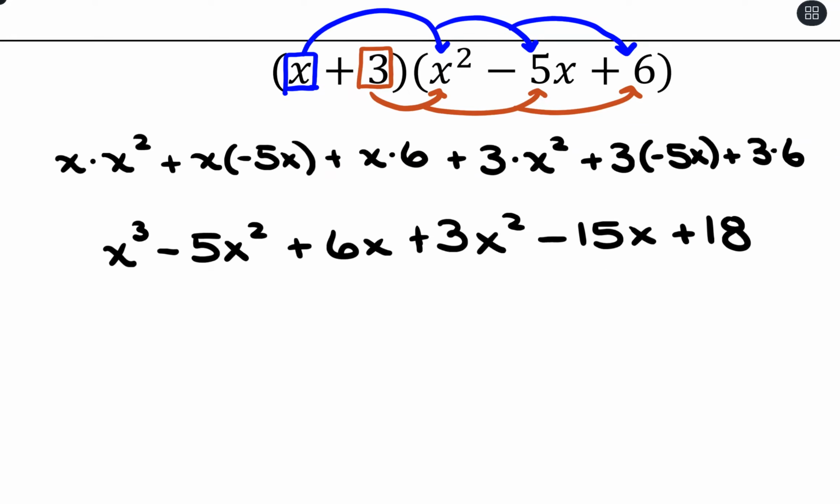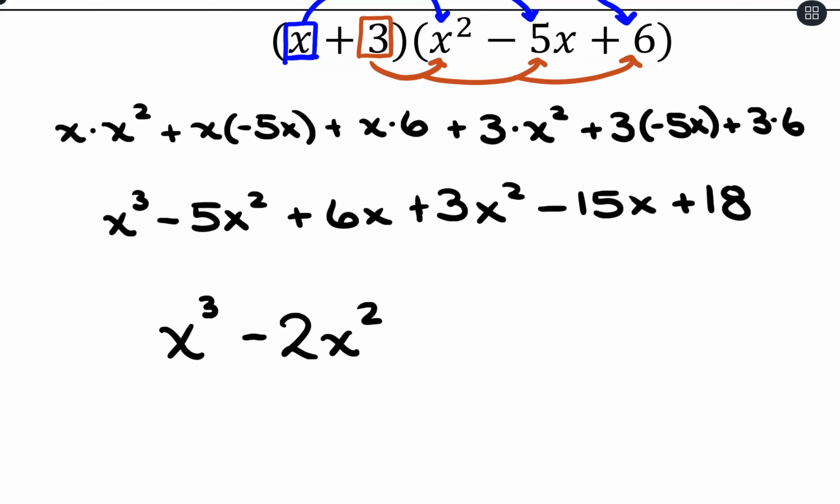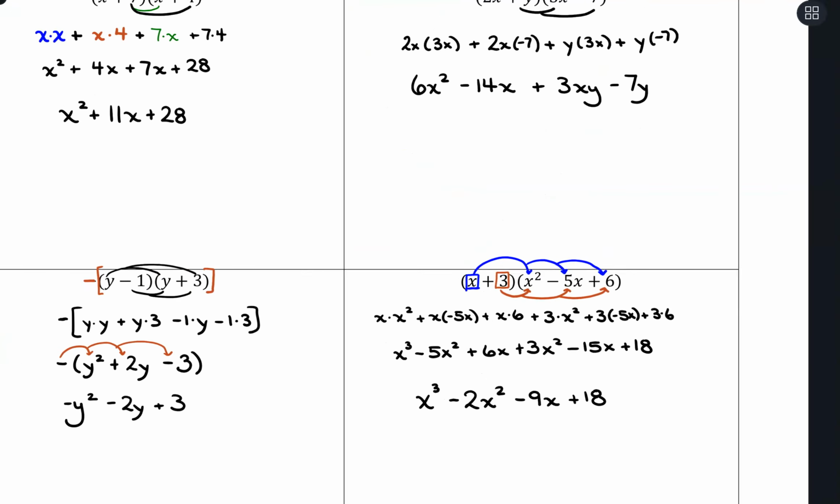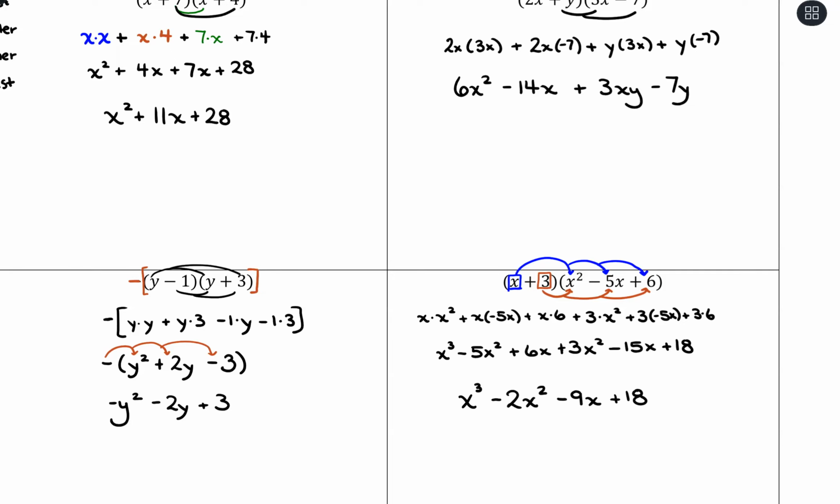Go looking for like terms. So x cubed is going to stay put. Negative 5 plus 3, so we'll have a negative 2x squared. Positive 6 minus 15, a negative 9x, and then plus 18. And that will do it. So there's our methods for multiplying polynomials together.